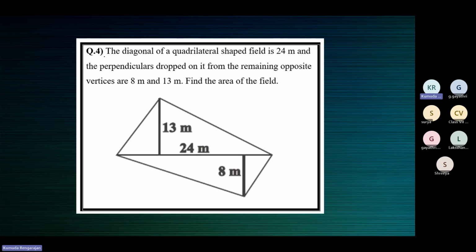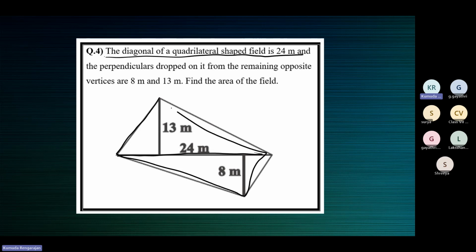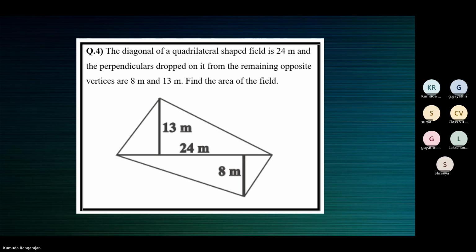See the question. The diagonal of a quadrilateral shaped field is 24 meters. This one is a quadrilateral shaped field. See here, 1, 2, 3, 4 sides are there. So that's the quadrilateral shaped field. You can see this one is a diagonal.